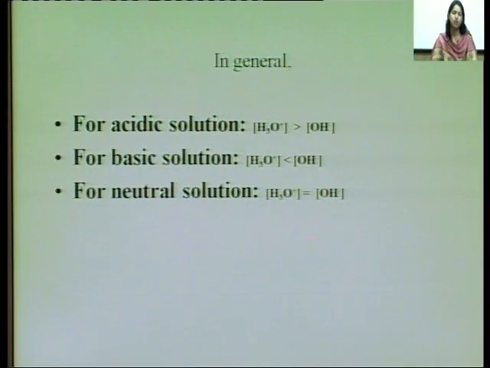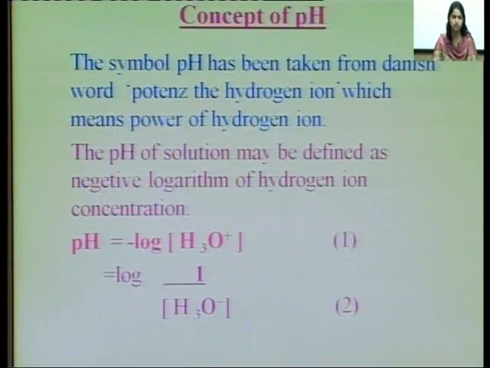So, in general, for an acidic solution, the hydronium ion concentration is greater than the hydroxyl ion concentration. For a basic solution, the hydronium ion concentration is less than the hydroxyl ion concentration. For a neutral solution, the hydronium ion concentration is equal to the hydroxyl ion concentration.